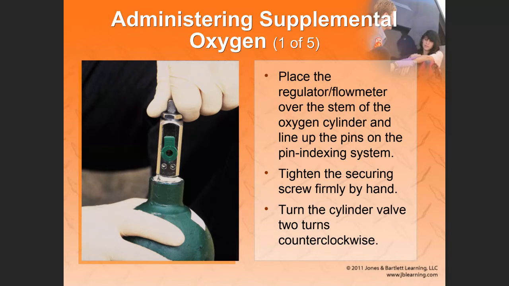And then you set it at the desired flow rate. Regardless of the device that you're using, you will start at the lower end for that particular device and gradually go up as needed.